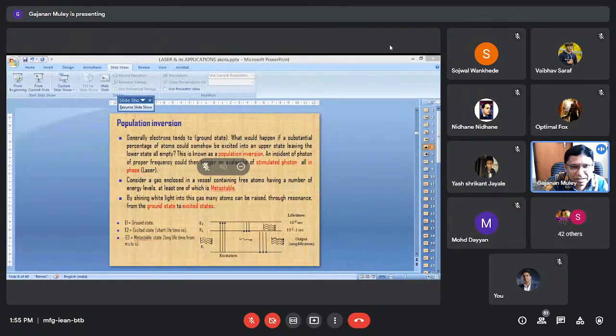We can have a lasing medium, an active medium, that may be solid, liquid, or gaseous.